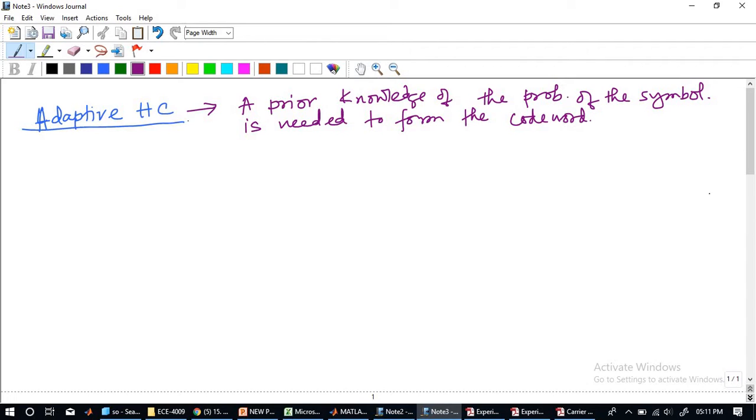So let us go one by one through the components of adaptive Huffman coding. We'll use a problem where we take care of all the possibilities for our adaptive Huffman coding after going through the required steps.